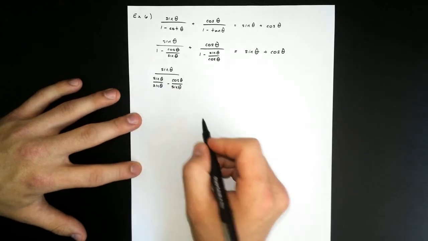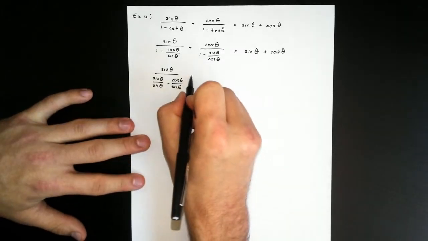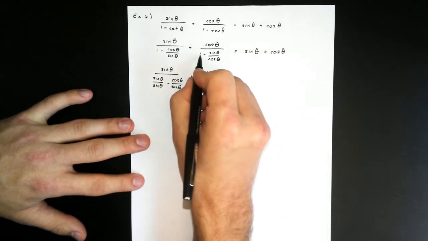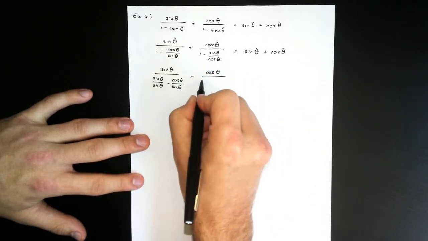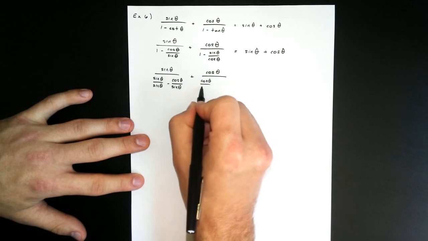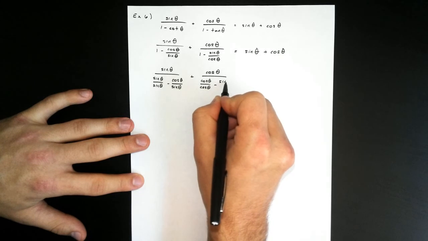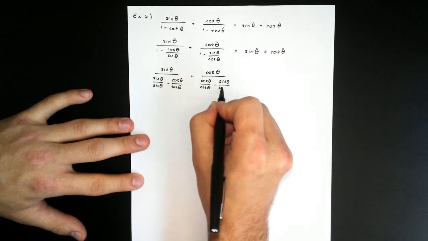Then we can combine those two together. Do the same thing with the second fraction. Instead of 1, because our denominator is cosine, we'll do cosine of theta over itself, and then minus sine over cosine.